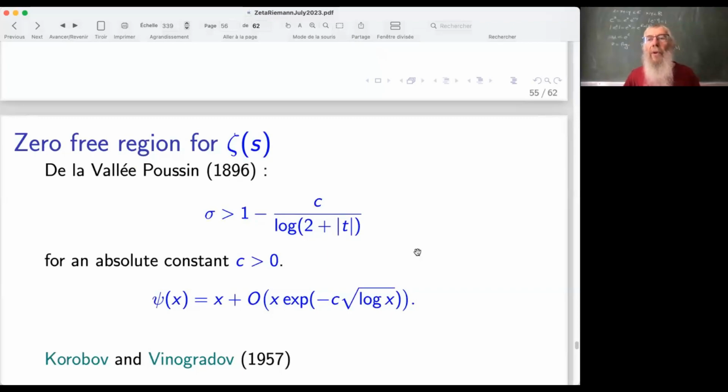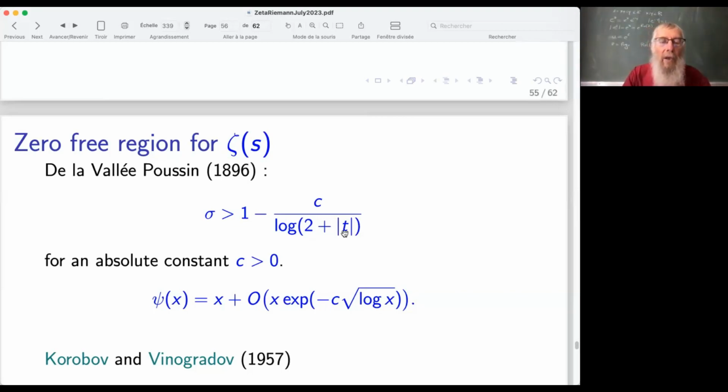And to prove the prime number theorem, Hadamard and de la Vallée Poussin had to find a domain, a zero-free region for zeta of s. We have seen that zeta of s does not vanish for real part of s equal to 1. In fact, there are some proofs of the prime number theorem which do not need a zero-free region. But de la Vallée Poussin proved that the zeta function does not vanish if sigma is greater than 1 minus a small function which tends to 0 when t tends to infinity.